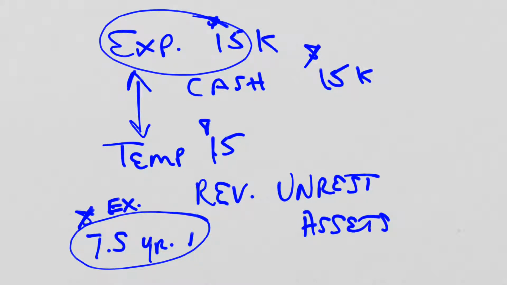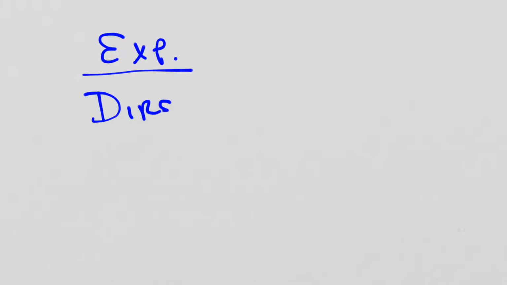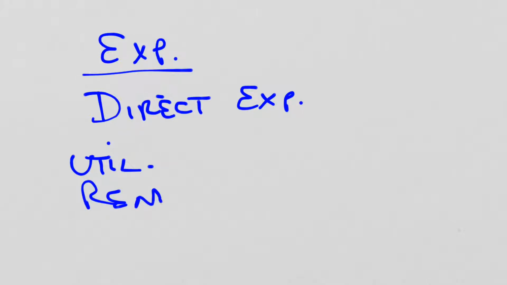Another thing to point out would be that the expenditures will be broken down into various categories. There'll be your direct expenses, and then the overhead will be in each individual natural expense, for example, utilities, rent, phone. We've talked about these things, we've gone over it quite a bit.